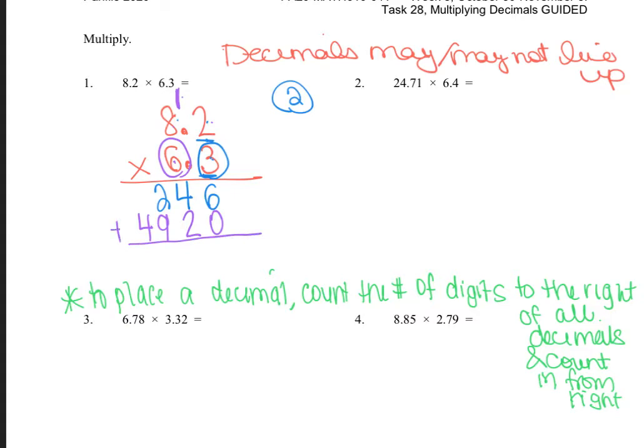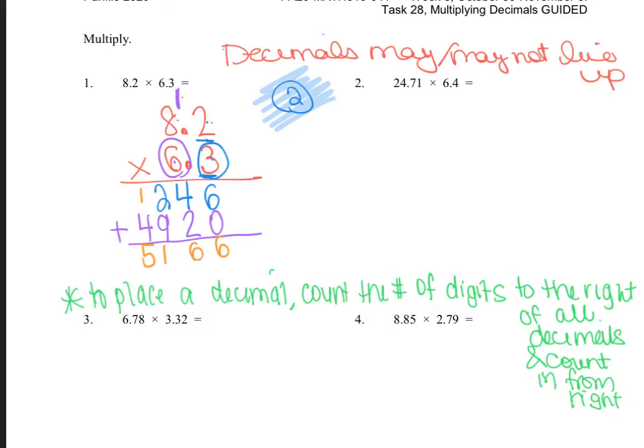So now I have two seemingly familiar things, two strings of numbers, and I want to add them together. When I do that, I get 5, 1, 6, 6. But I know from up here that I had 2 decimals to the right of all my decimals in my original problem.